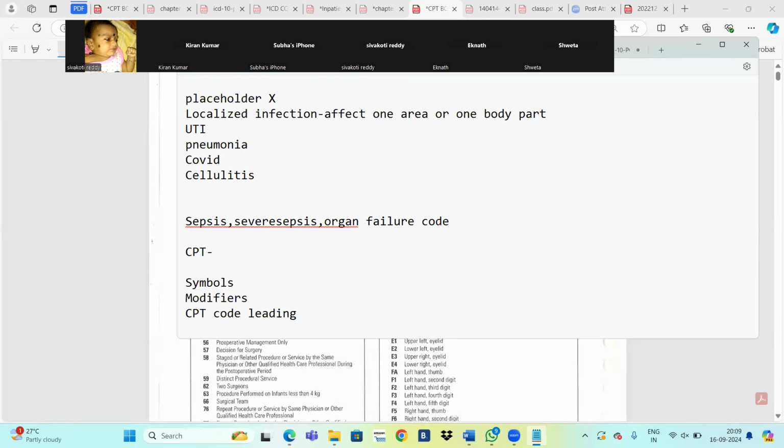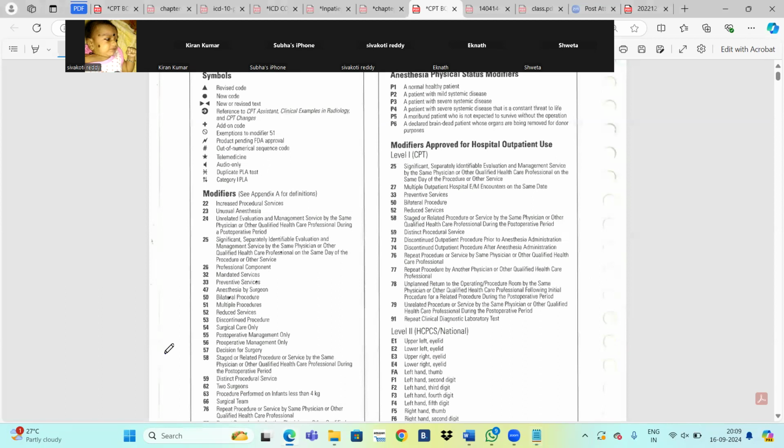If you want to read the book, first you need to remember the symbols. First you need to learn about the CPT symbols before entering the book. If you turn the main sheet, you will get the symbols.